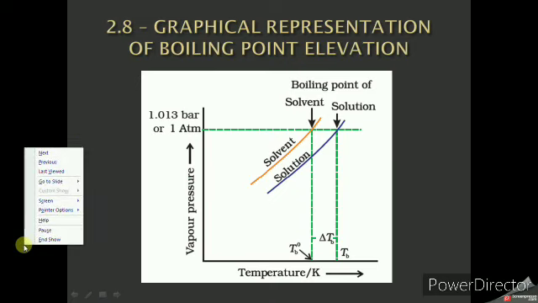So in this graphical representation, the vapor pressure of the solution and of the pure solvent are plotted as a function of temperature, as given in your graph. So vapor pressure against temperature. This is the atmospheric pressure, that is 1 atm, 1.013 bar or 760 mm of Hg.